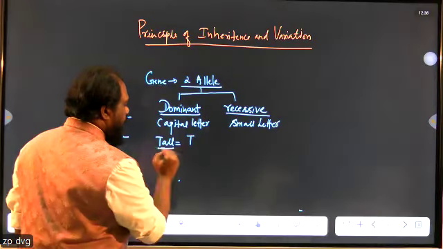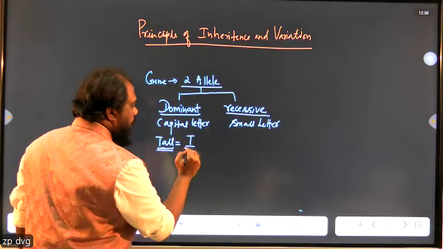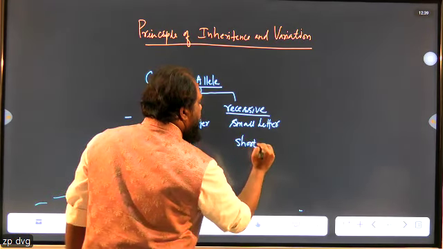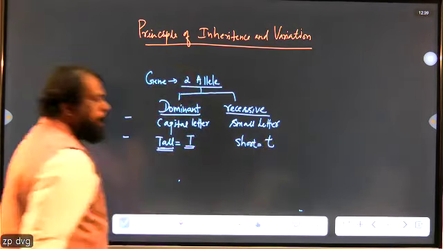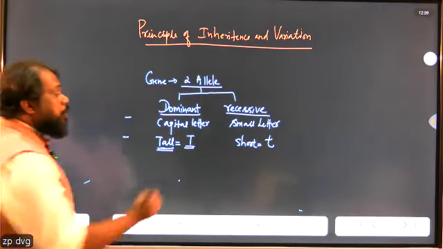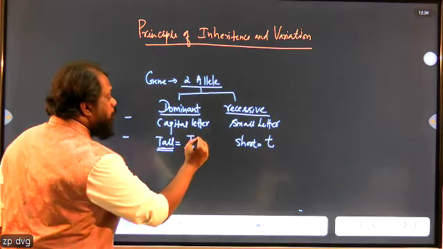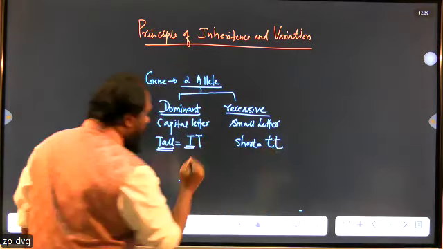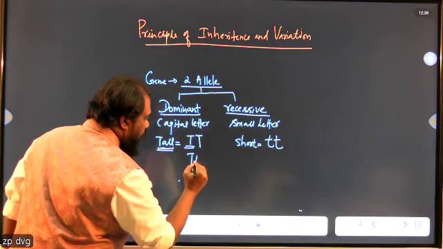For example, tall is a dominant character, so I represent it with capital T. Short is a recessive character, so I represent it with small t. Understood? But I should not write only one t. I am supposed to write capital T, capital T, or capital T, small t.